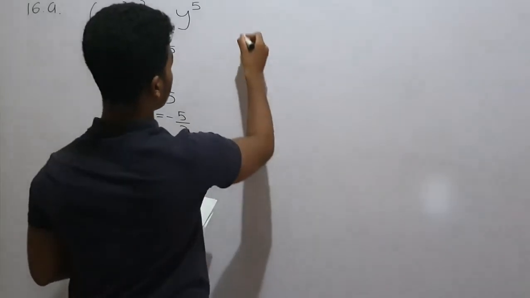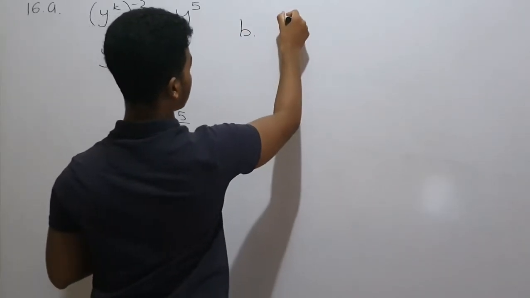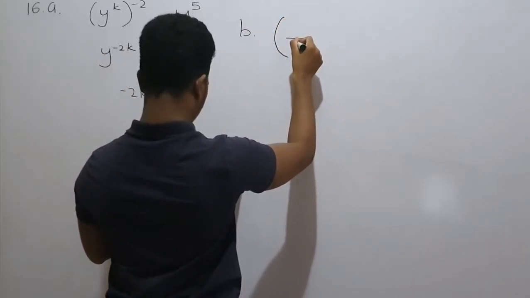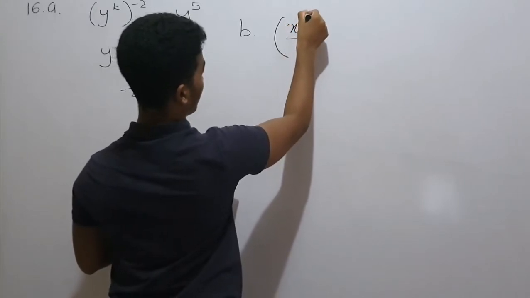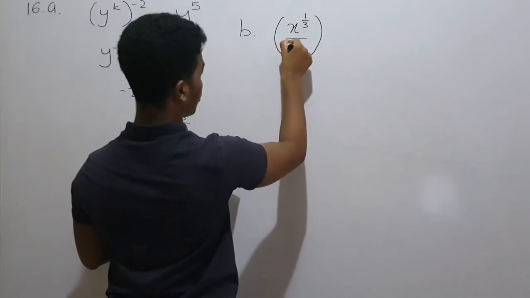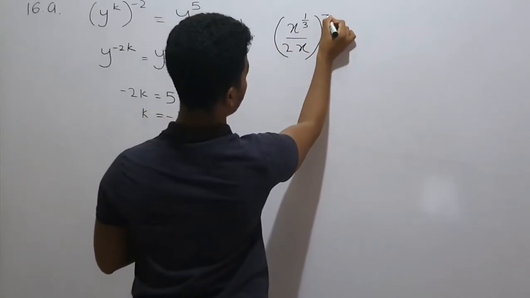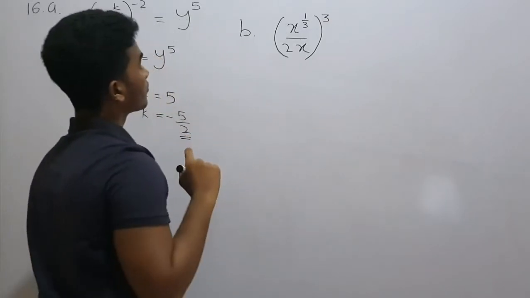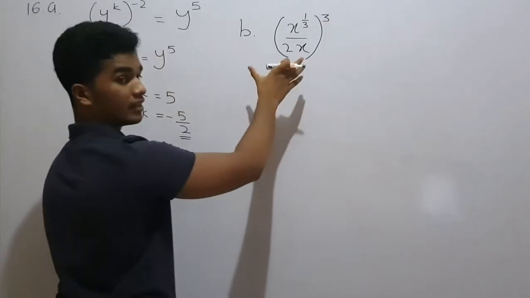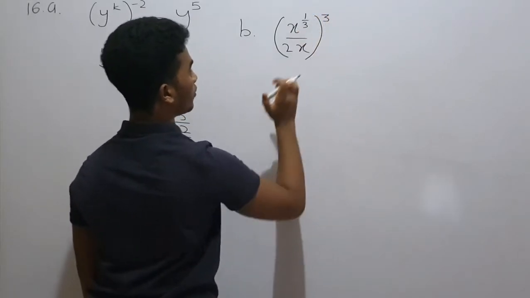Then part B, simplify x over 2x, whole thing to the power 3, where x is to the power 1 over 3. So now when the whole thing is to the power 3, you should multiply the numerator and the whole denominator as well.